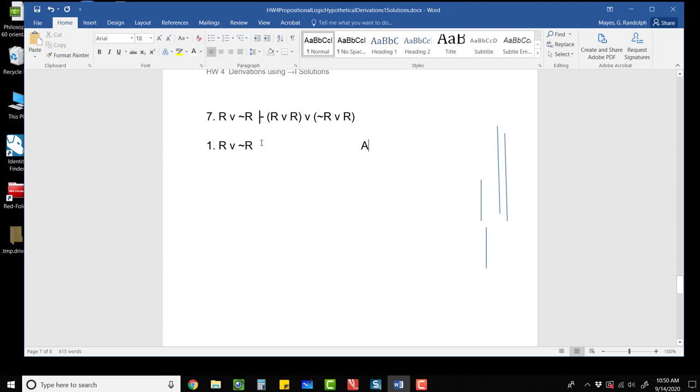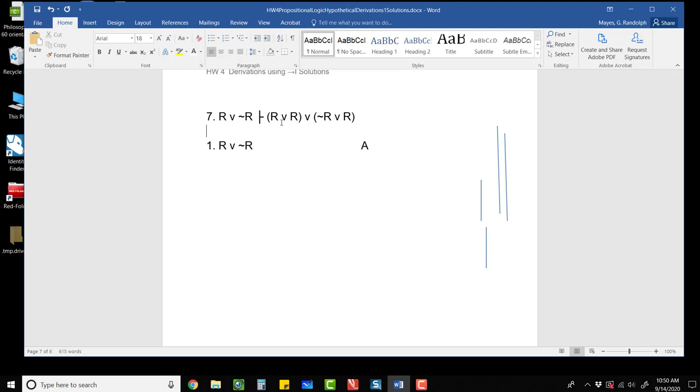So again, if you had trouble with it, you should now be in a good position to do it, and you should do it. But the basic idea is you've got a disjunction. From this disjunction, you're going to need to use disjunction elimination. So you've got 2 conditionals to prove.